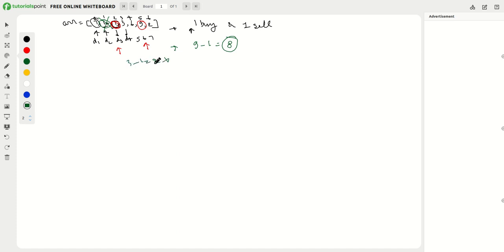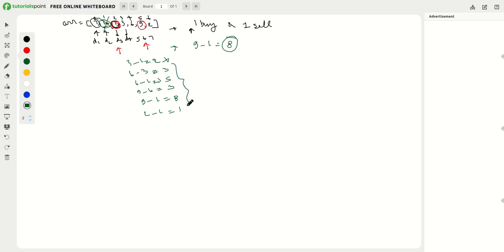And 6 minus 3 will be 3. If we see 6 minus 1, that will be 5 only. 9 minus 6 will be 3. 9 minus 1 will be 8. And like this, 2 minus 1 will be 1, right?